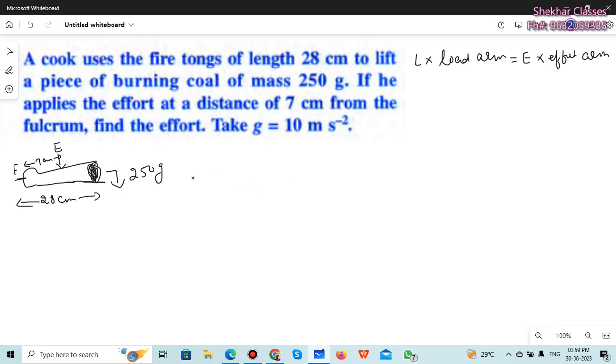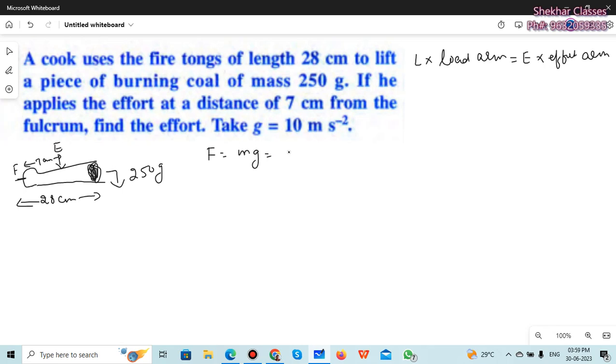First of all, we have to convert grams into kilograms, and then multiply with gravity to get the force, that is, the weight. Weight is a force, equal to mass into gravity.